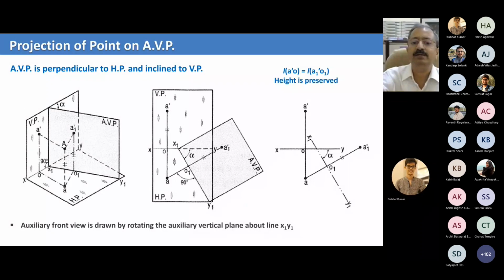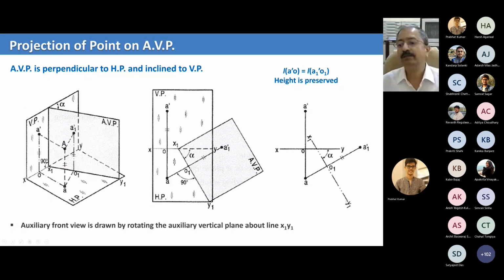Here we are presenting the vertical as being the horizontal plane. You don't have to do that. Simply draw the XY line, put a point O, draw a line through O perpendicular to the line XY, and then mark your OA and OA dash depending on the distance of the point from the vertical plane and horizontal plane respectively, as I just told you. Then before that, you draw your line X1, Y1, because we are now drawing the auxiliary vertical plane at an angle alpha.